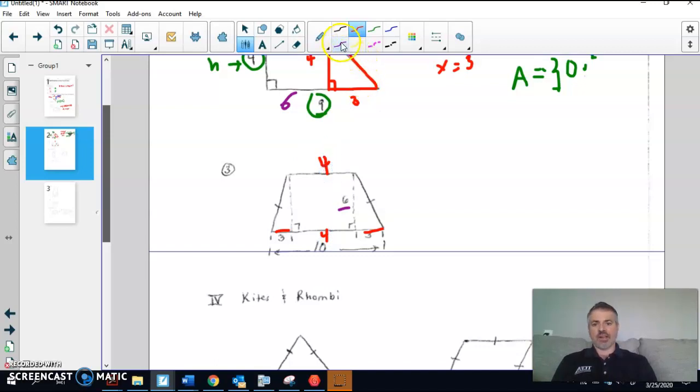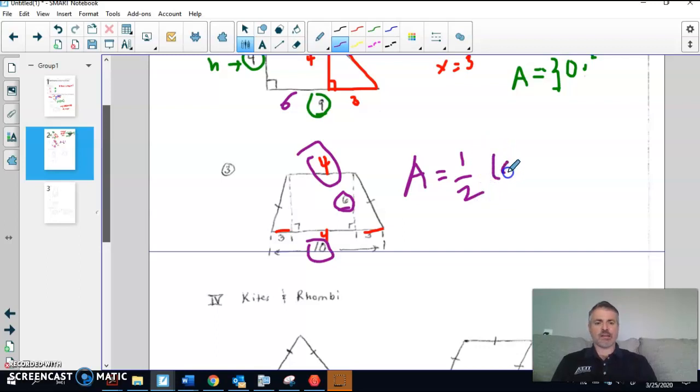So now I have everything I need. I have my other base up here, my other base down here, which is the 10, and then I have my height, which is 6. So again, if I plug all that into my area calculation, area is equal to 1/2 the height, which is 6, times base 1 plus base 2, which would be the one base is 4, and the other base is 10.